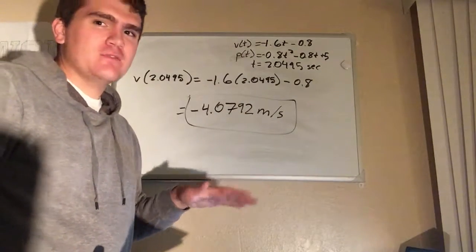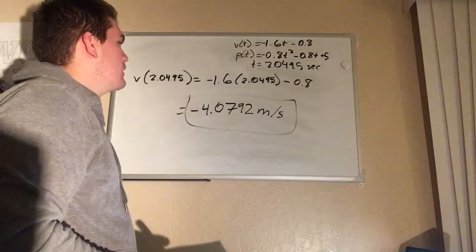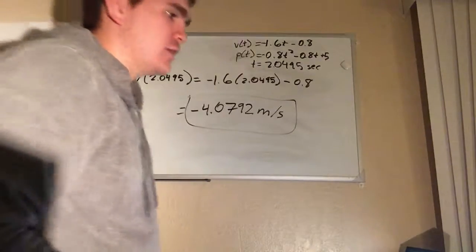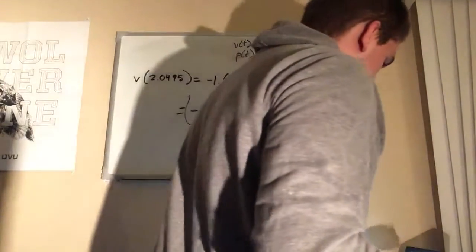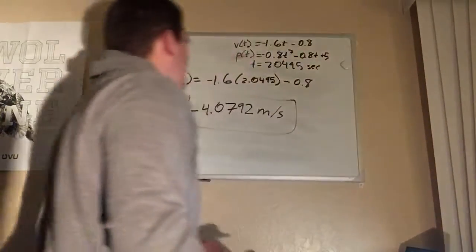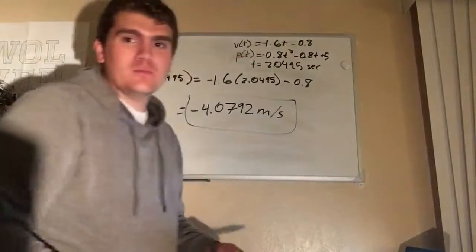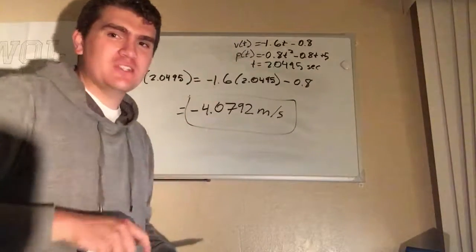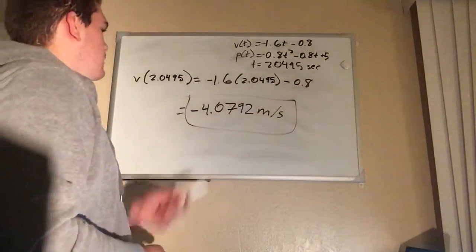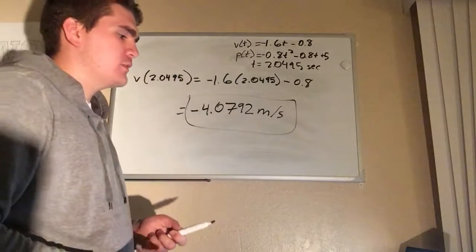I can't imagine that'd be a very nice landing, but thankfully this is a math problem. I don't know if this is what happened in real life with the lunar lander, otherwise that might be a little bit hectic, but I don't know. Maybe they got some pretty good suspension on that thing. But there you go, that's your answer for number 40.